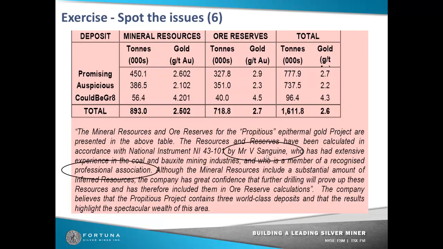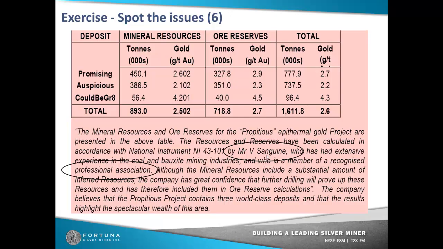So let's have a look at issue number 6. It states that the person who is responsible for the estimate is Mr. V. Sanguine, and that he is a member of a professional association, but it does not state what his qualifications are or what professional association he's a member of.